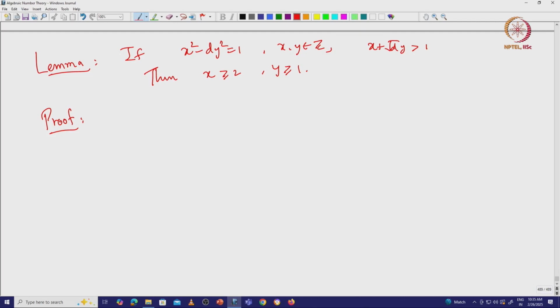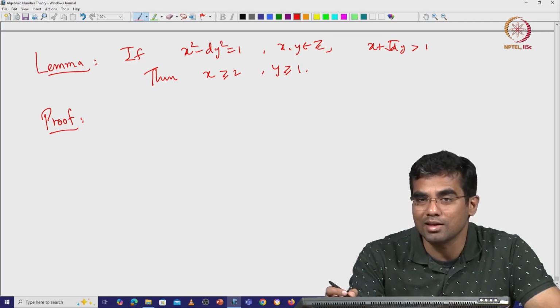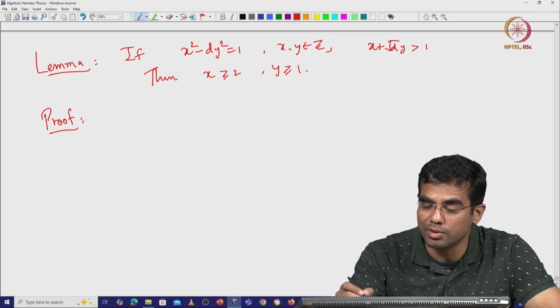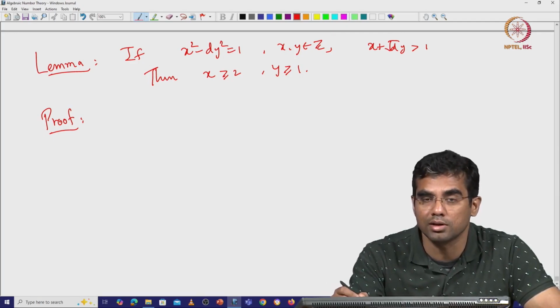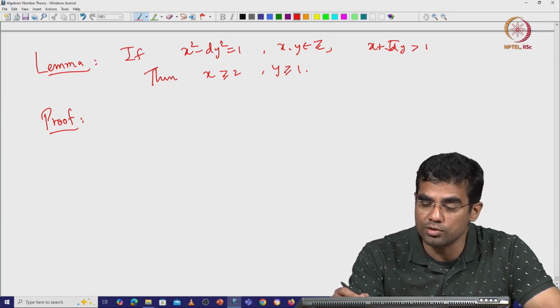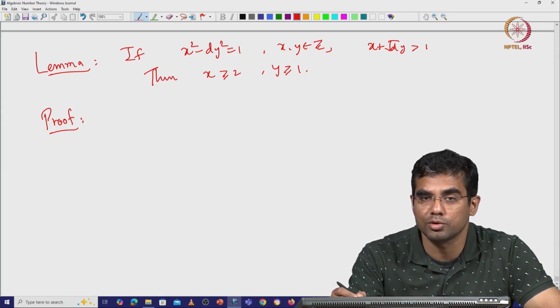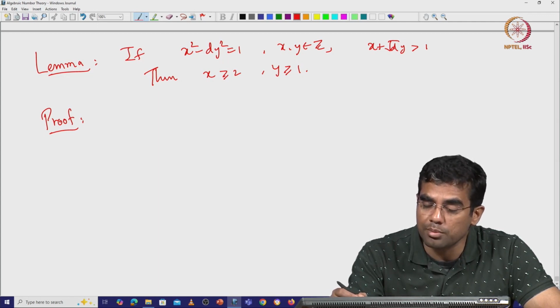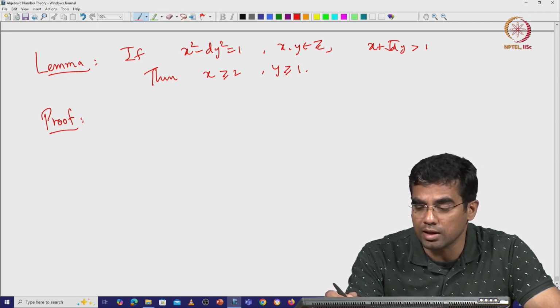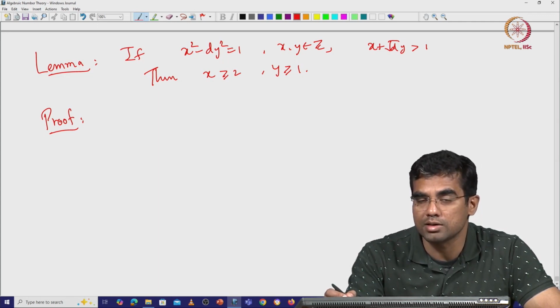Okay, so how do I prove this? By the way, I said I can assume that both x and y are positive, but I am not assuming that in this particular statement. It is not a hypothesis that x and y are both positive. It can happen that x is positive and y is negative, and I am getting this bigger than 1.